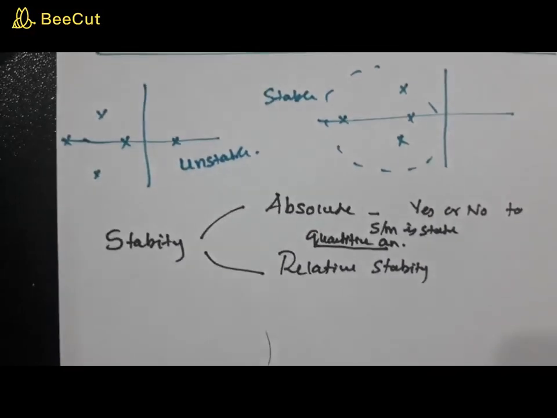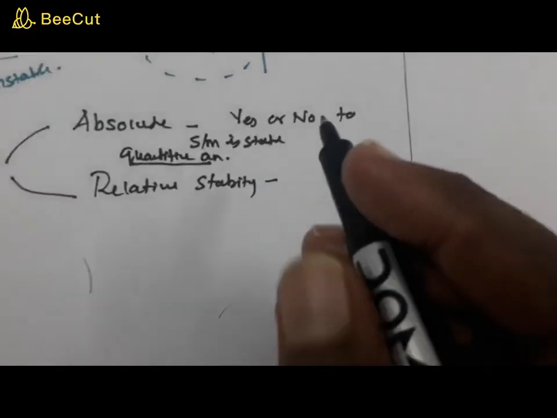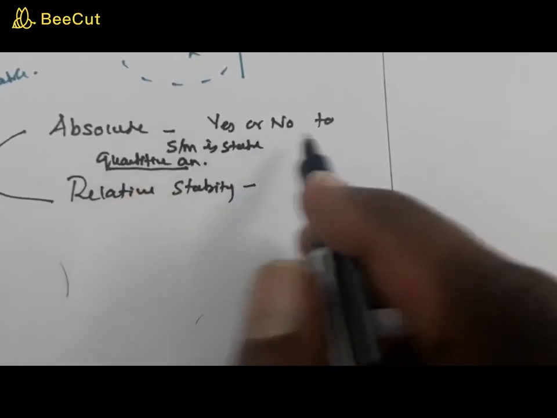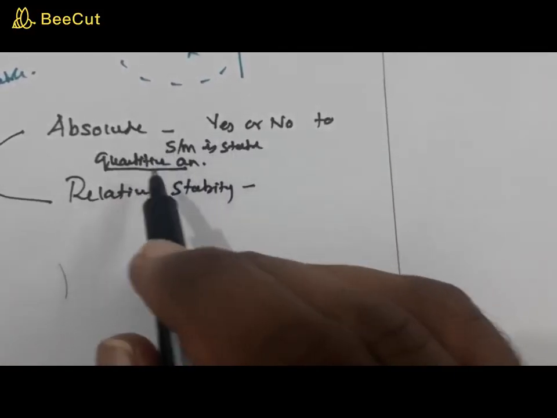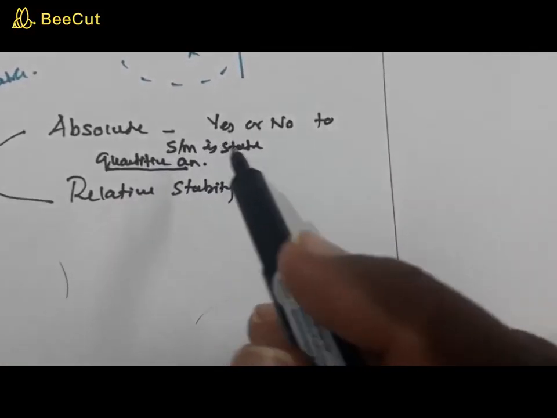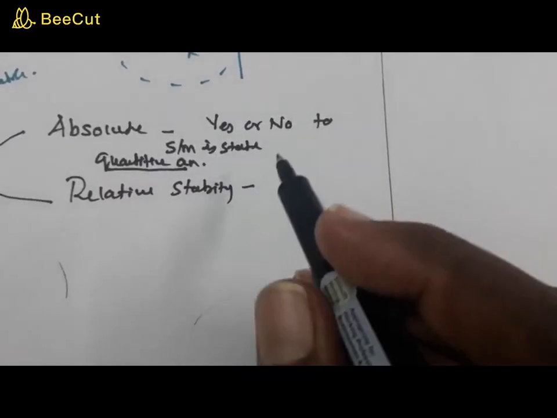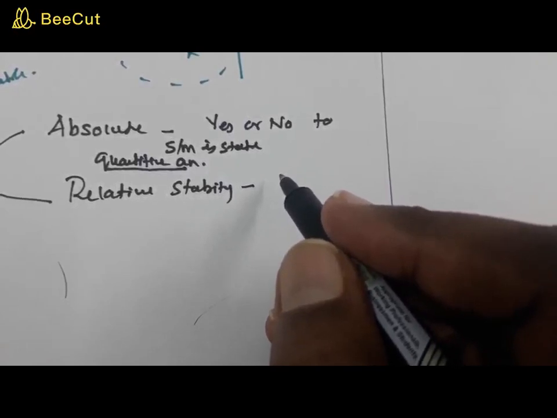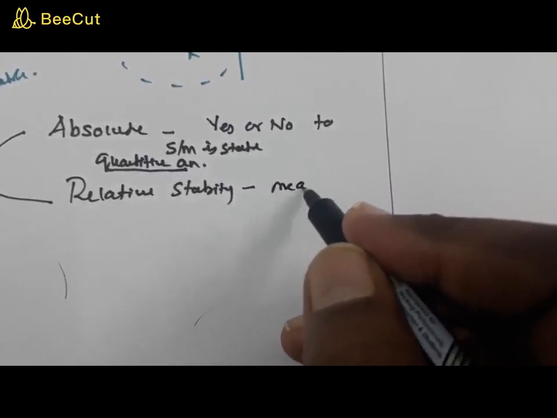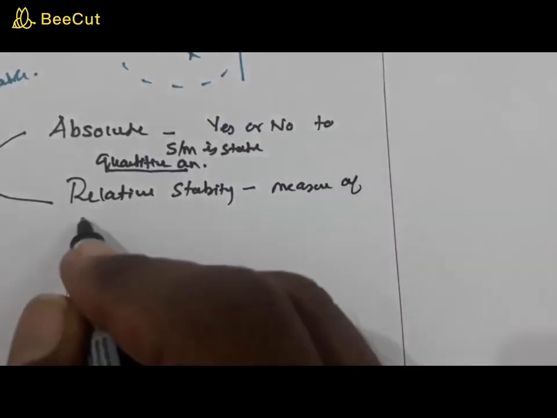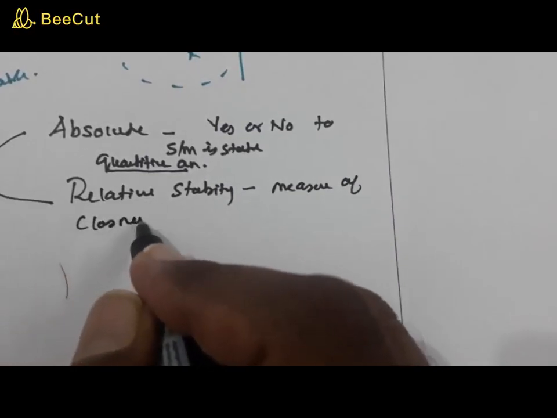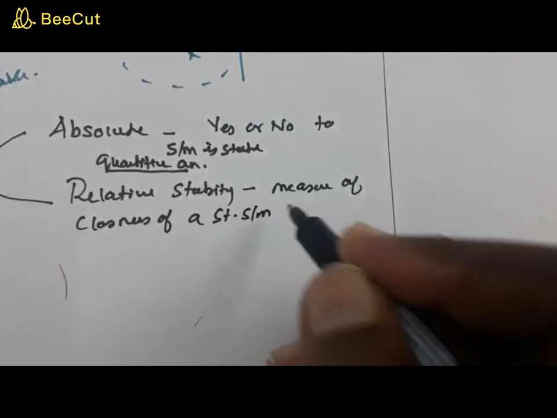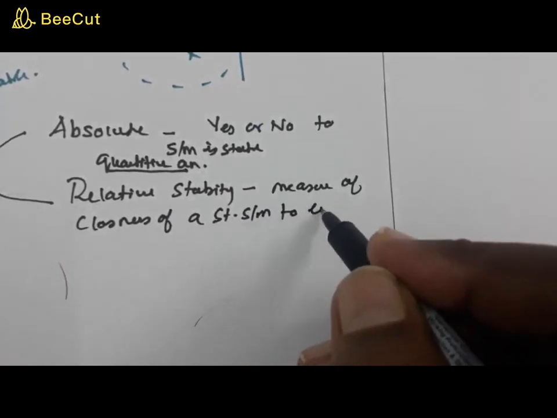While the relative stability not only gives you a yes or no statement to the question whether the system is stable, it gives you a measure of the closeness of a stable system to instability.